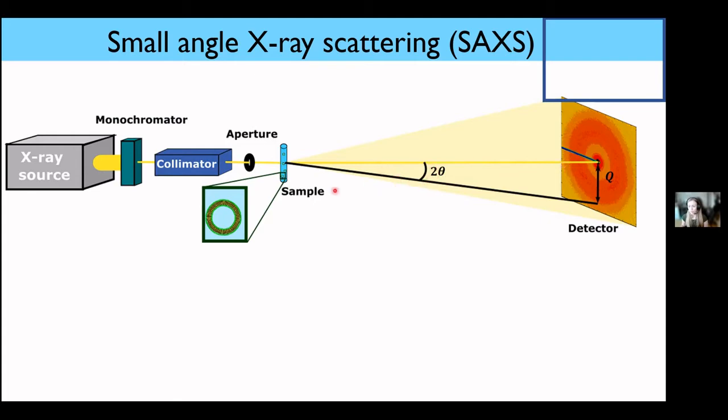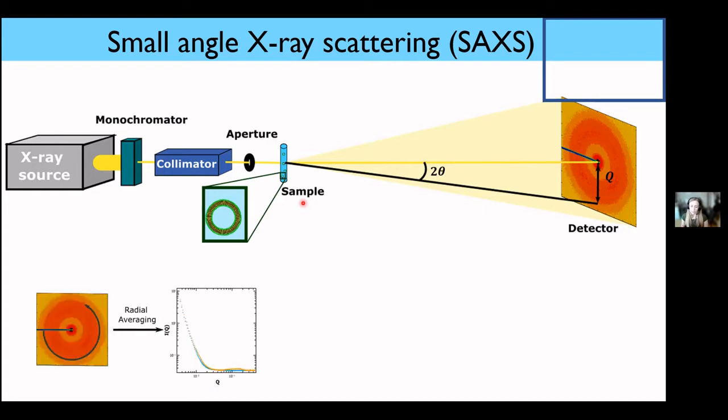In that case, we will do a radial averaging of this two-dimensional detector image, and we will get this one-dimensional curve where you have the intensity as a function of Q. And this Q vector, importantly, as you can see, includes the information both on the wavelength and on the scattering angle.